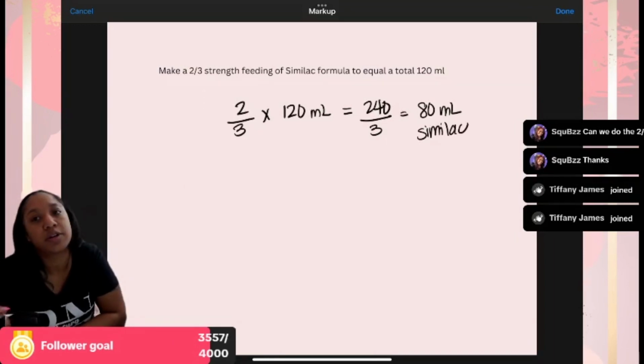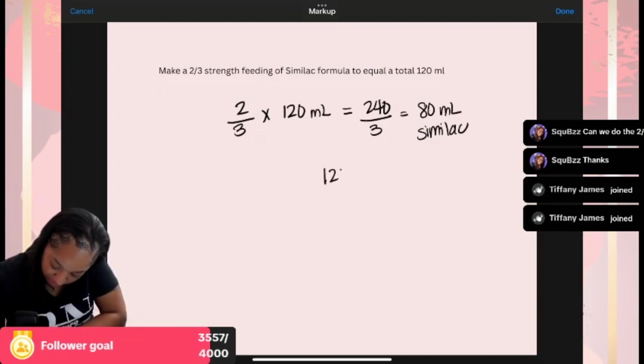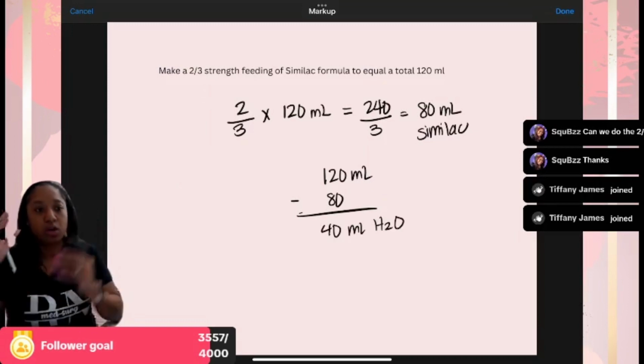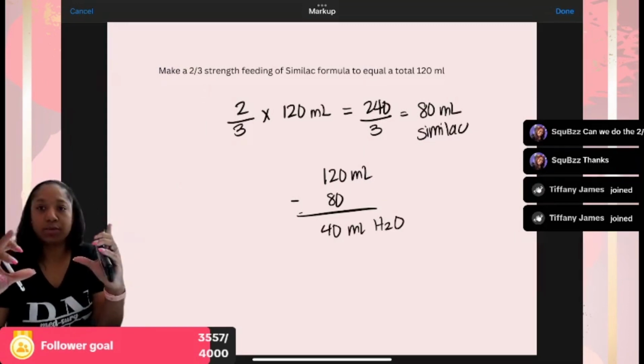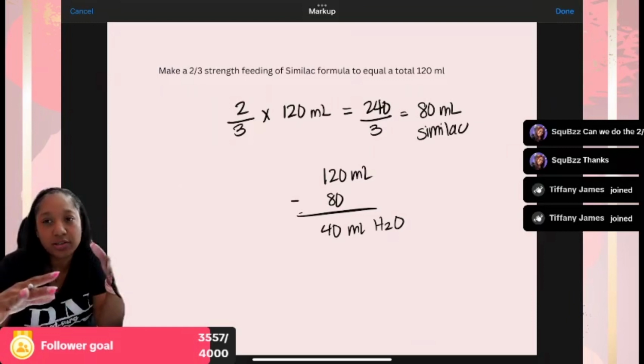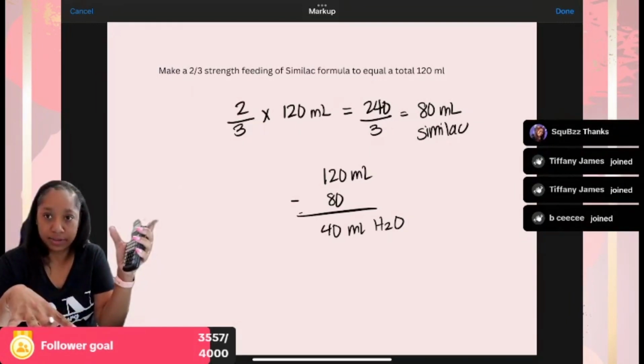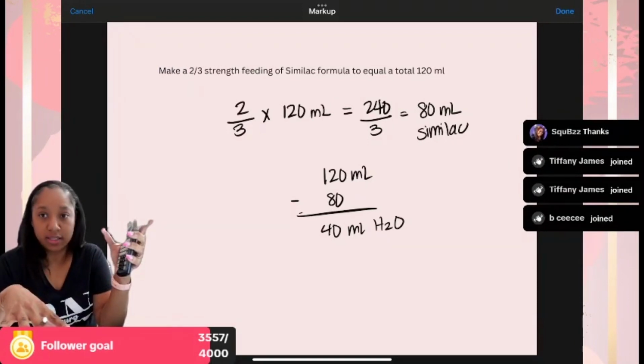So in order to find out how much water you need, you will take your 120 mLs minus the 80, which is going to be 40 mLs of water. So in total, you're just basically using fractions. Of your 120 milliliters, you don't want all of it to be Similac.